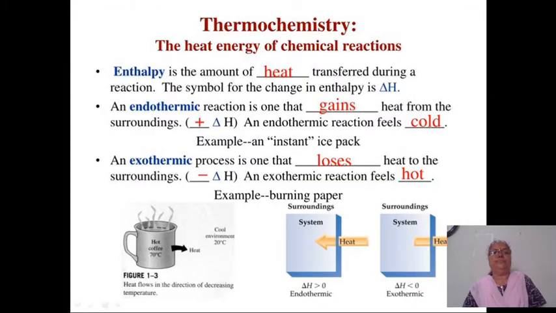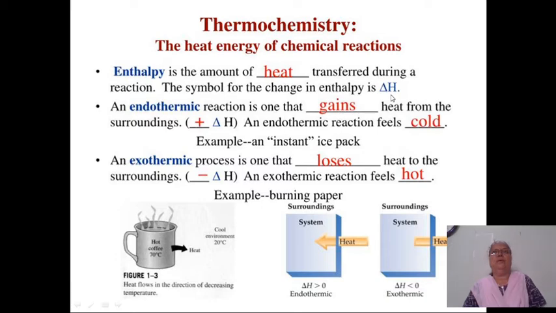Then the heat energy of chemical reactions, that means enthalpy, is the amount of heat transferred during a reaction. The symbol for the change in enthalpy is delta H.